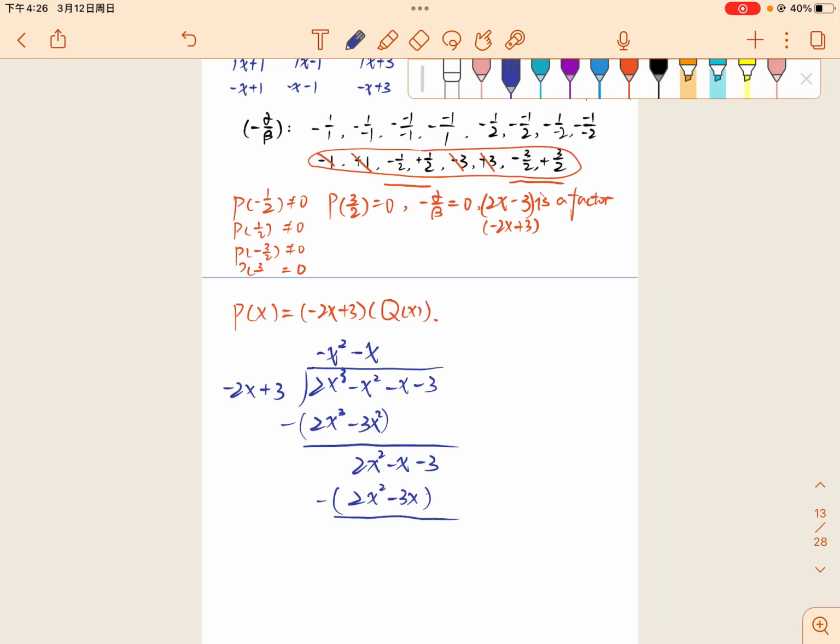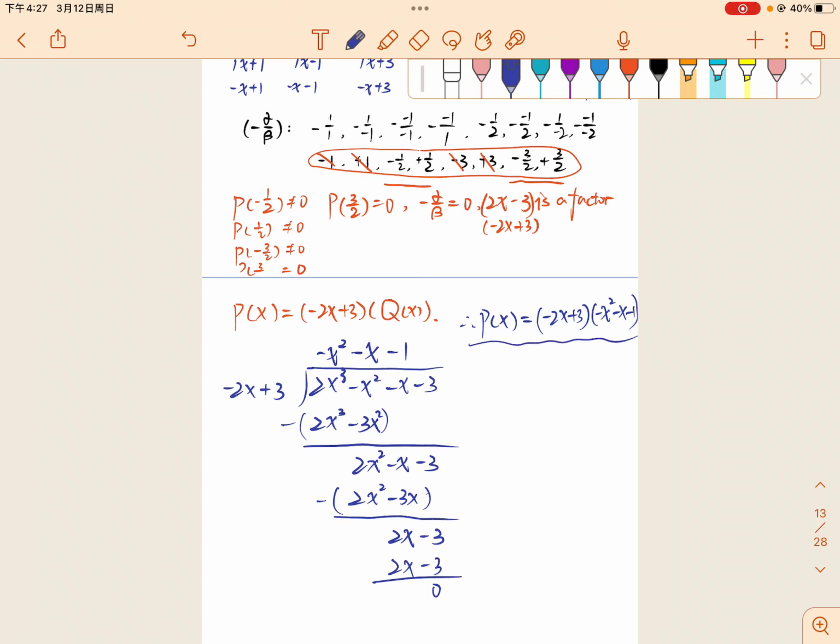So that would be 2x minus 3, and that gives me negative 1. So that would be 2x minus 3, gives me 0. So now my polynomial function is factorized into negative 2x plus 3 times negative x squared minus x minus 1.